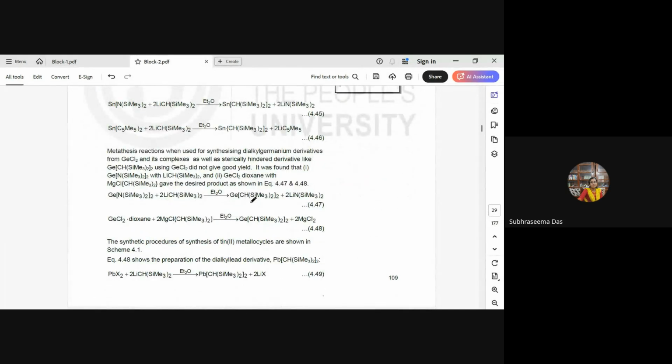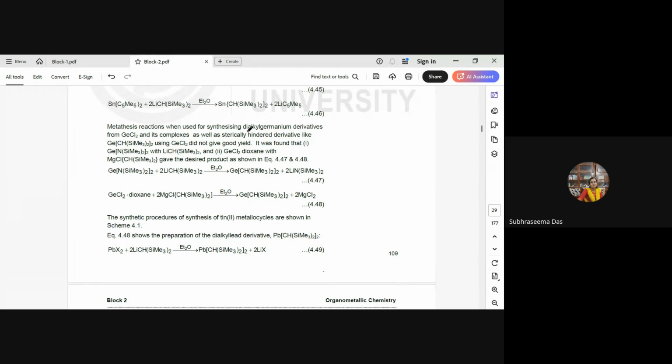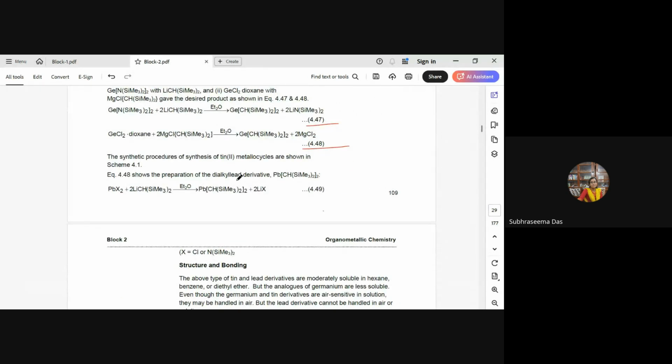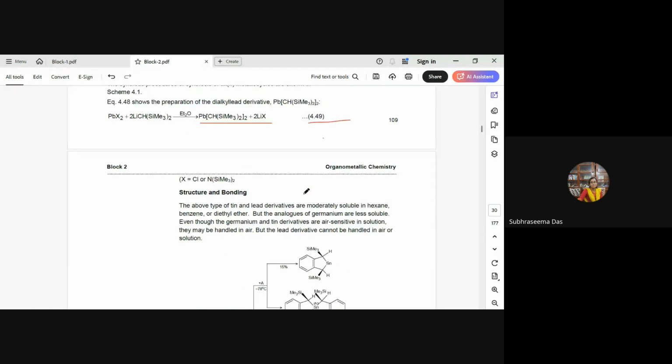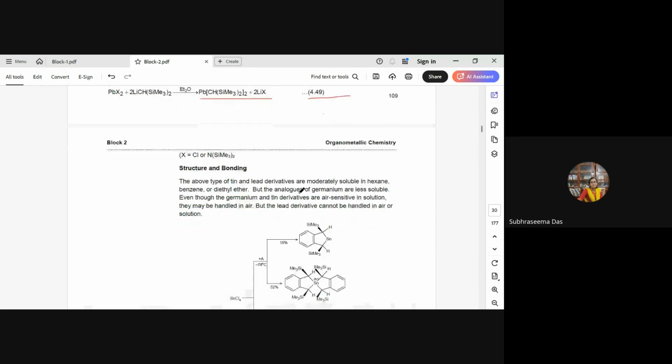Metathesis reactions can also be used for synthesizing dialkyl germanium derivatives from GeCl2 and its derivatives, as shown in equations 4.47 and 4.48. The synthetic procedures for tin metallocycles are shown in equation 4.49 for dialkyl derivatives. So these are some of the procedures by which we can prepare these organometallic compounds.